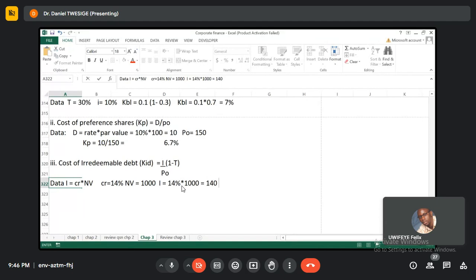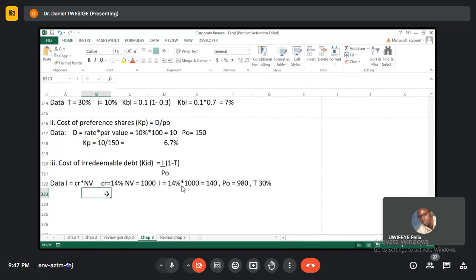I have that data. Then next, do I have the price in the question? The question has told us that the current market price for this irredeemable debt is 980. So I have the current market price for this debt. So do I have tax? Already I have it. T, I have it, which is 30%. So it means in this case, I have all the relevant information that can help me to compute the cost of this debt.